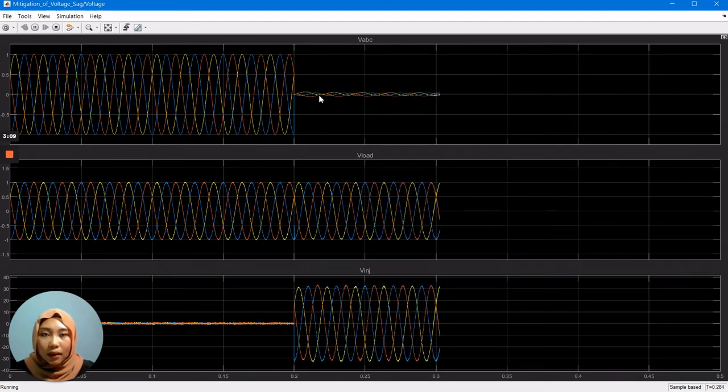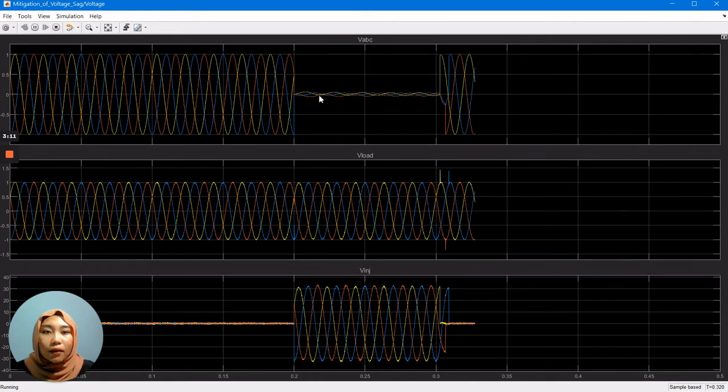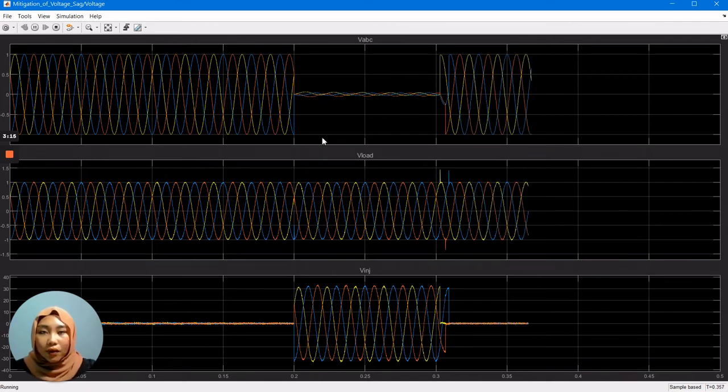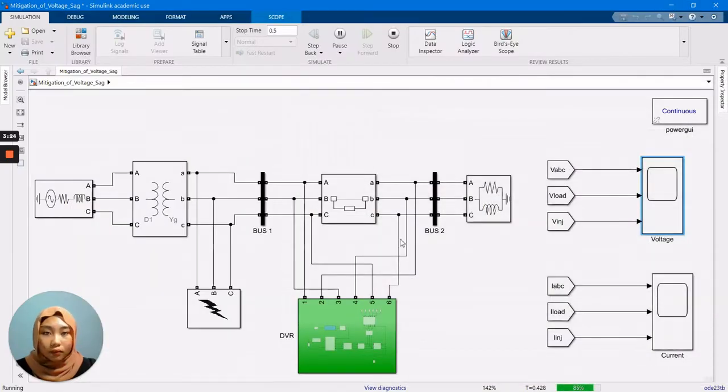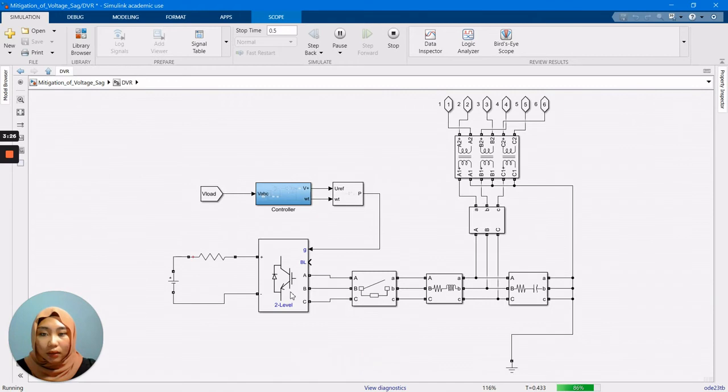So as you can see here, this is the voltage sag for the system. The first one is the voltage sag. Then the third one is the injection voltage, which is from the DVR, the dynamic voltage restorer.